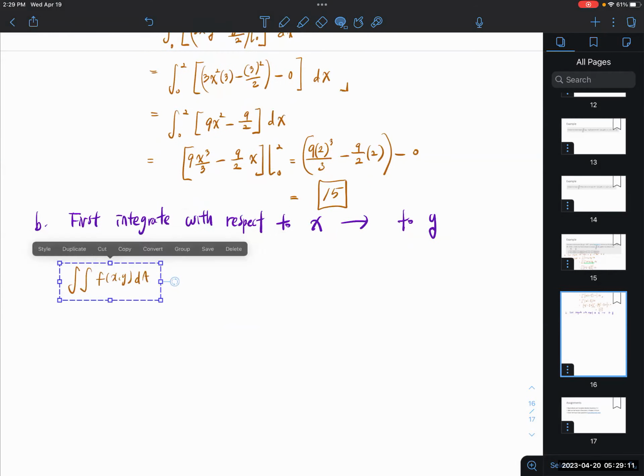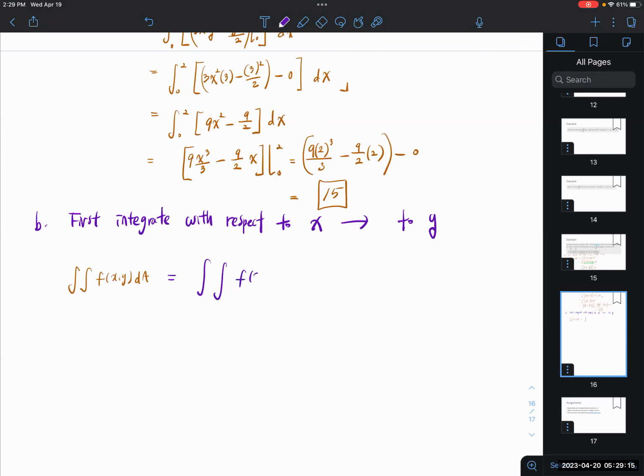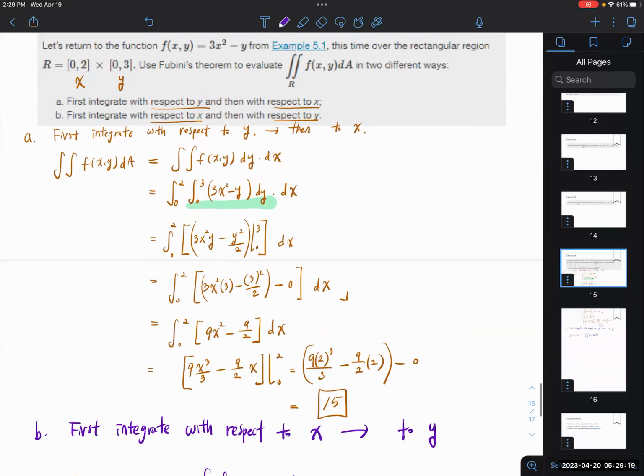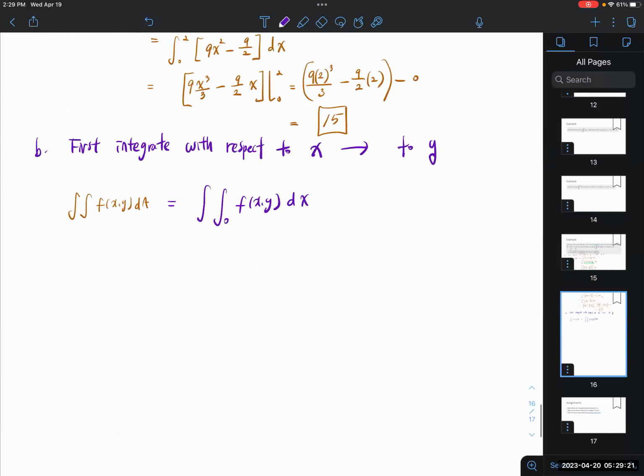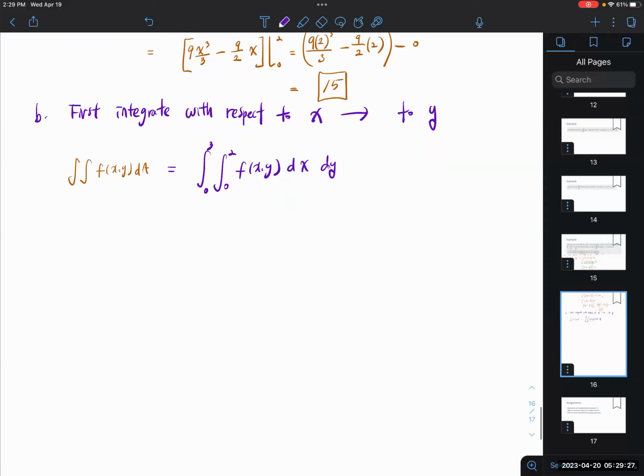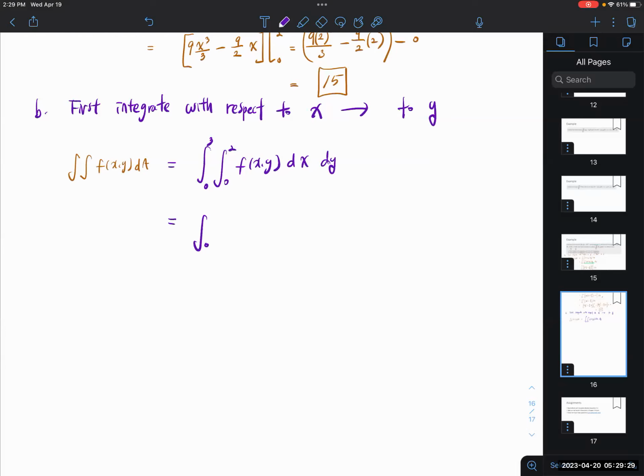So they say, hey, take the integral of f x y dx first. So the x interval 0 to 2 should be inside. Then dy later, 0 to 3. Gotcha. Okay, so let me change the function. We have the given function 3x squared minus y, dx dy.